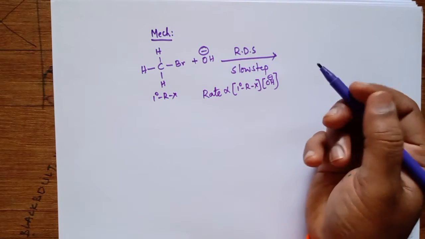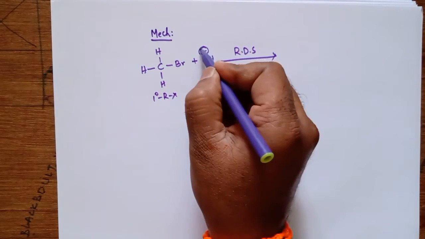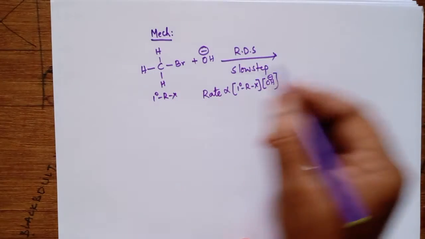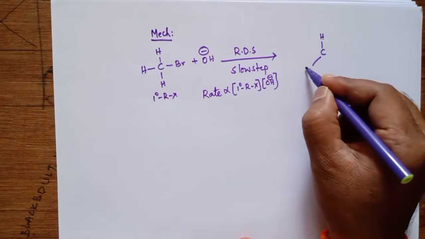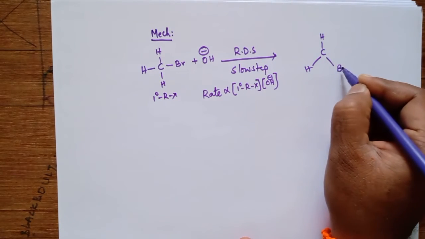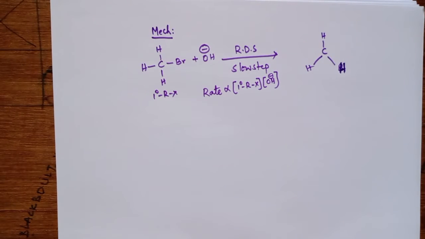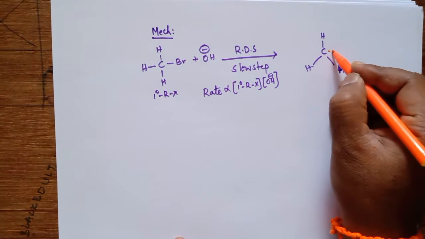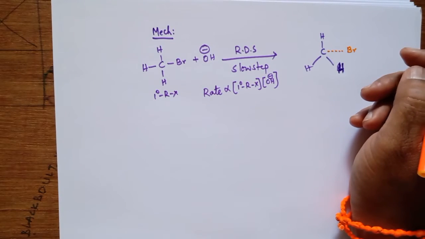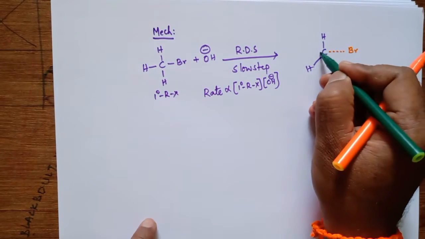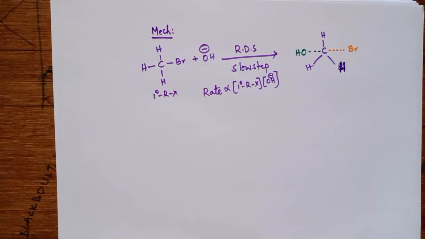Two reactants are used. So this OH minus generally comes from the backside, right? So there is cleavage of the carbon-Br bond and the formation of the OH bond, right? This is a hydrogen. The cleavage of the Br bond and the formation of the OH bond take place simultaneously.